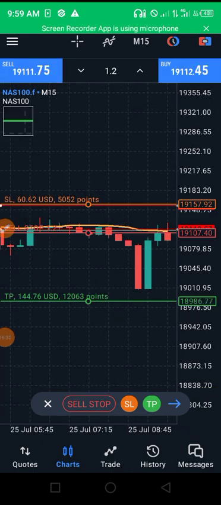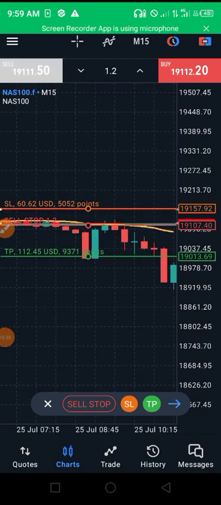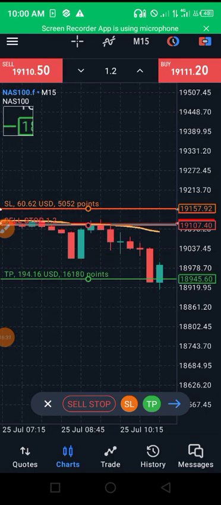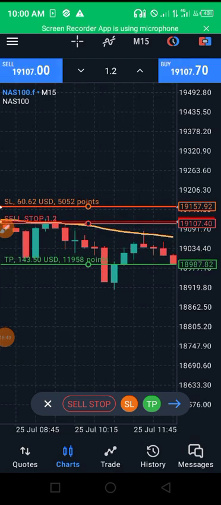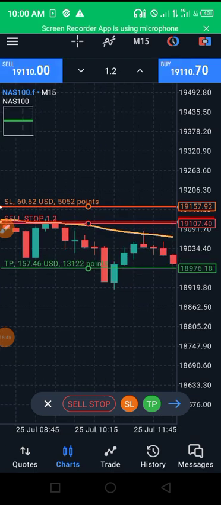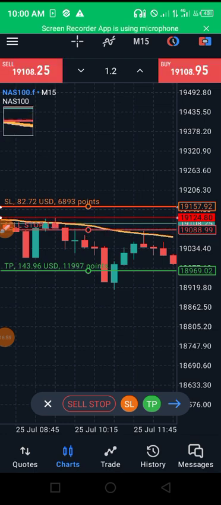Okay, so it comes to this place. If our take profit is around this zone, it will hit our take profit around this zone. See, it will have hit our take profit around that zone.